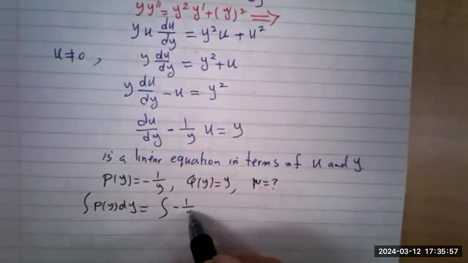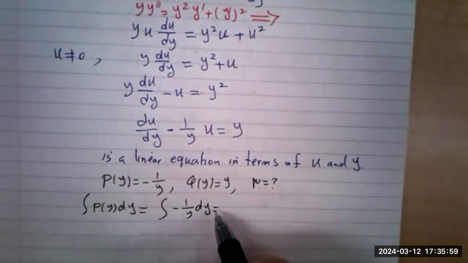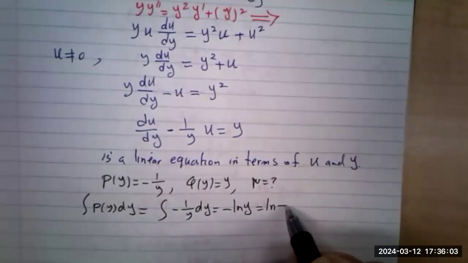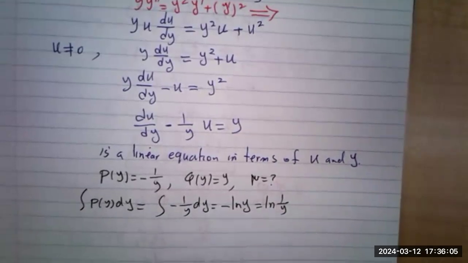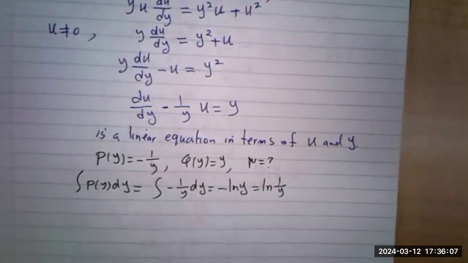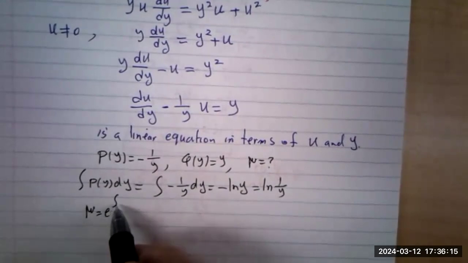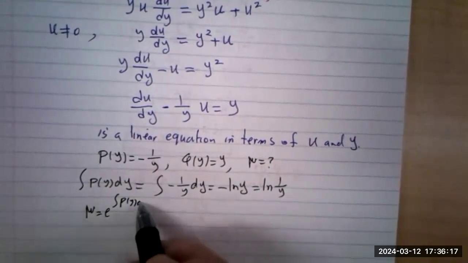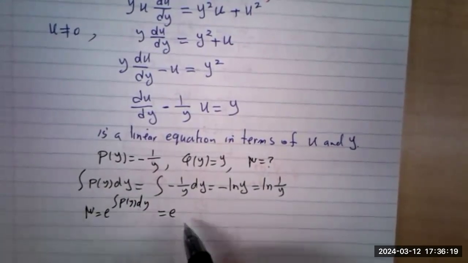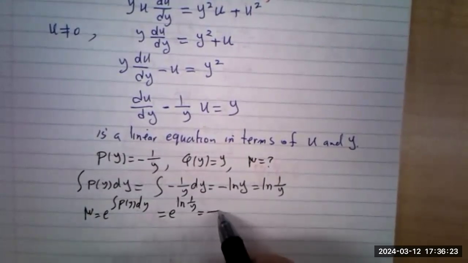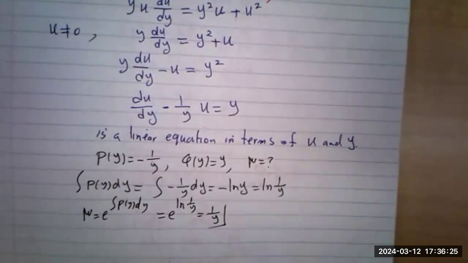It's the integral of negative 1 over y dy, which is negative ln y, or ln of 1 over y. No constant c so far. So mu is e to the integral of p of y dy, which is e to the ln of 1 over y, which is 1 over y. So that would be your mu.